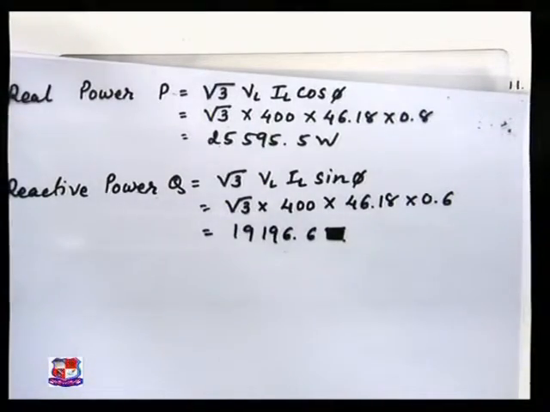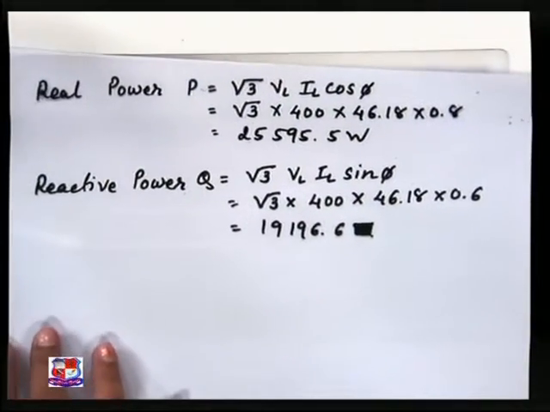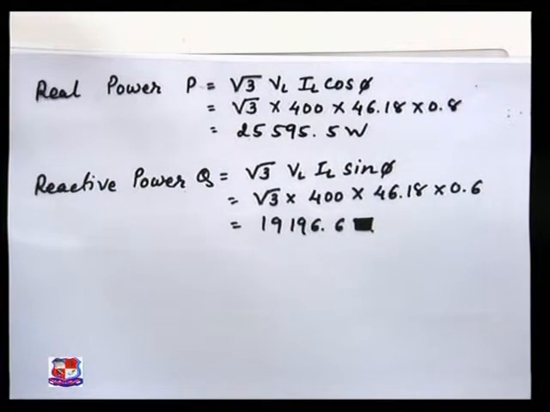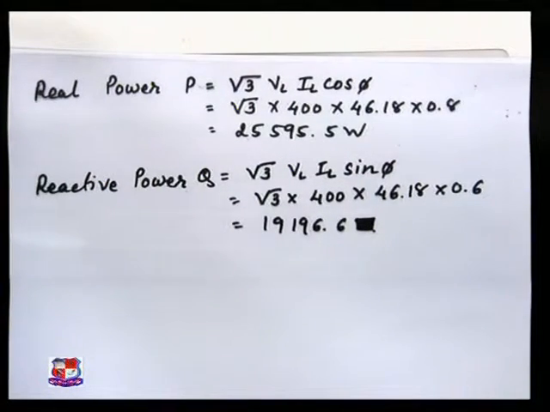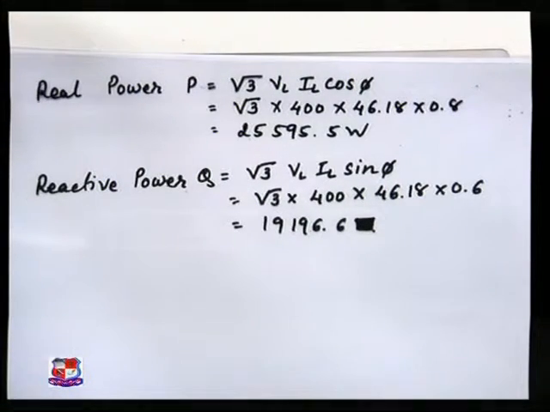Now the power factor is known, so using it you can easily find the real power as well as the reactive power. For real power, the equation is VI cos phi, and for reactive power it is VI sin phi. For a three-phase circuit, real power P is equal to root 3 into V_L I_L cos phi, using the line voltage and line current.